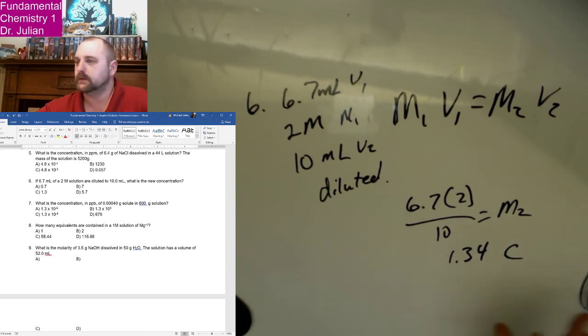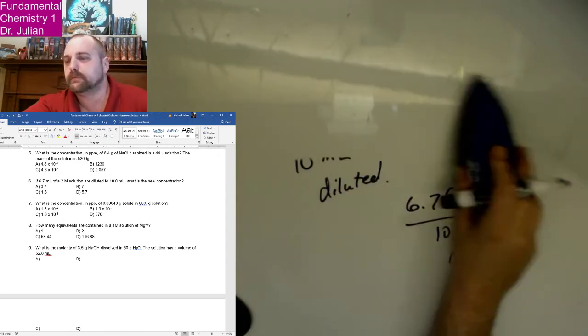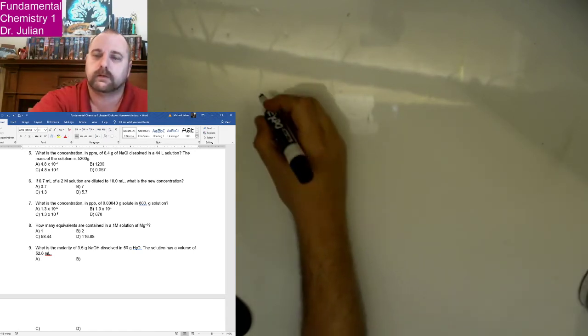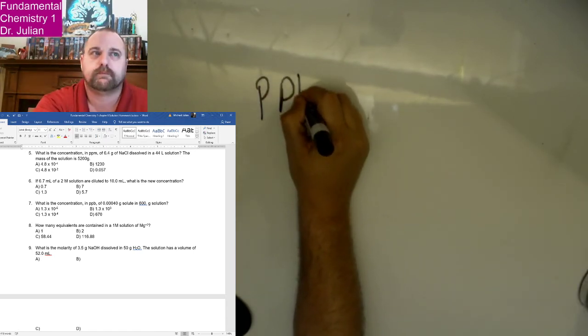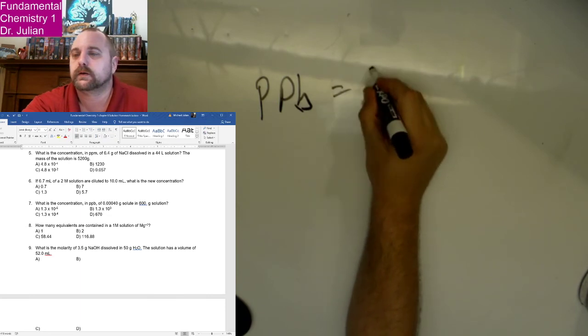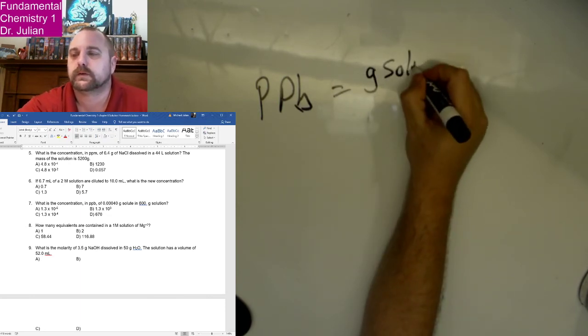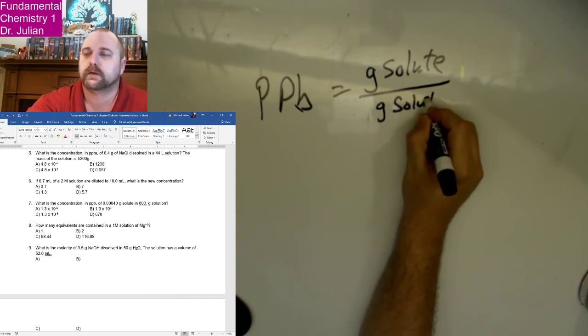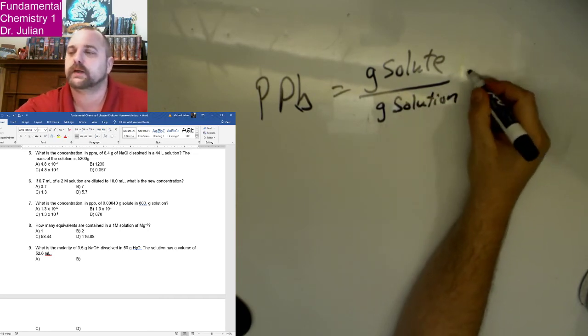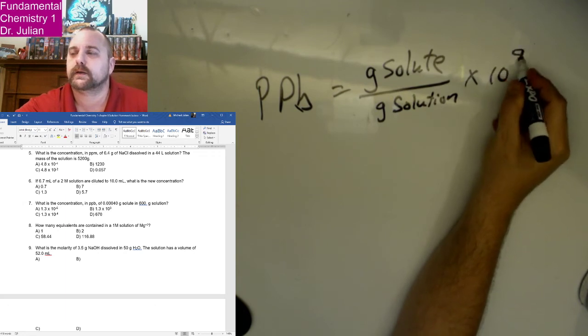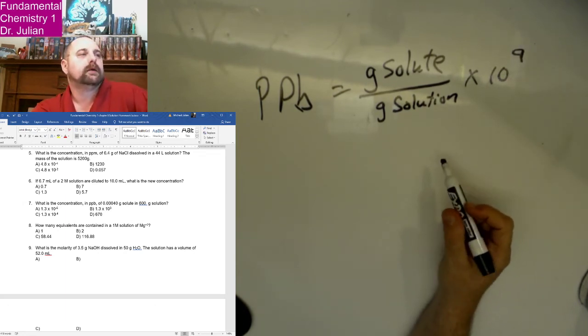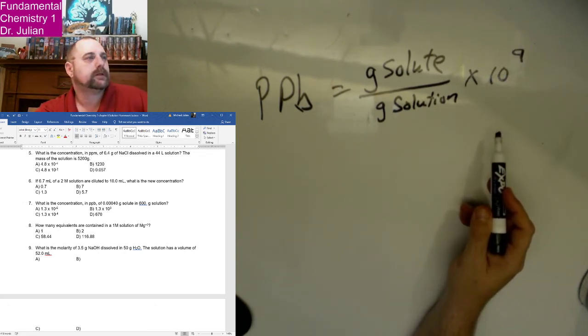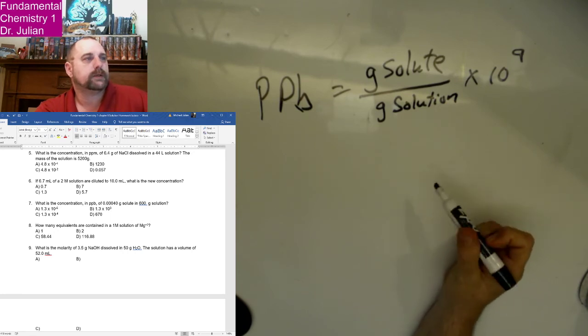Then they had PPB. Okay. 7 PPB. Grams solute over grams solution. Oh, I miss the days everybody had to memorize these. All right. And so times 10 to the 9, part per billion.